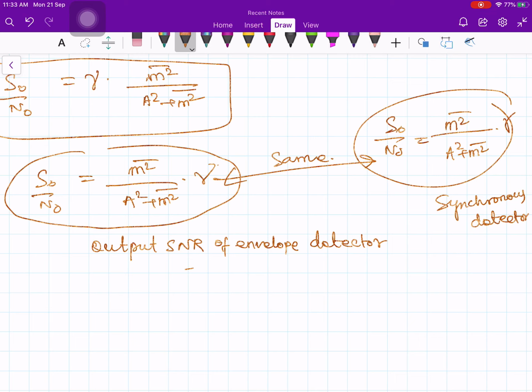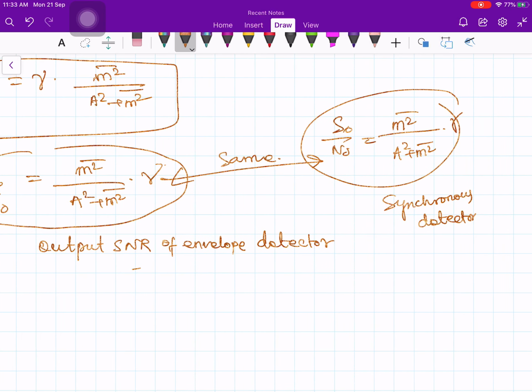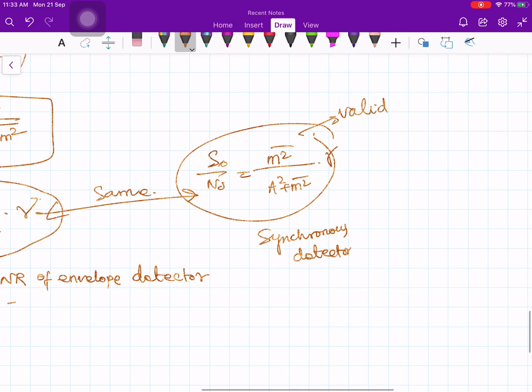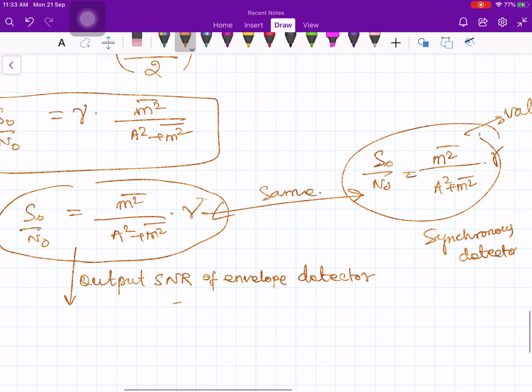What is the difference? In the synchronous detector, this expression is valid irrespective of noise condition, irrespective of the input SNR. But the envelope detector expression is valid only under large signal condition.